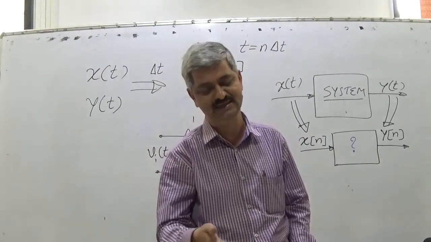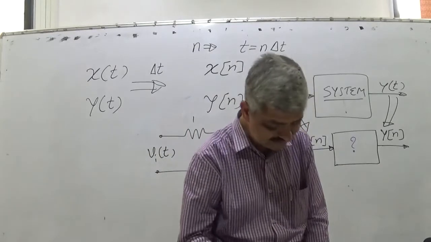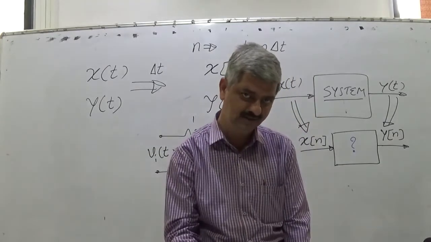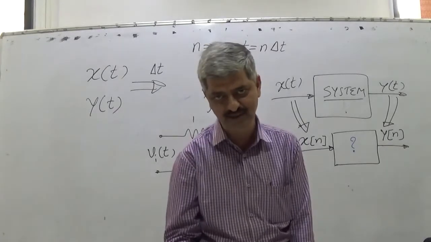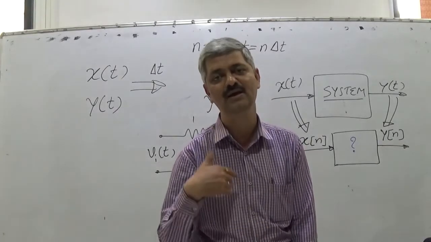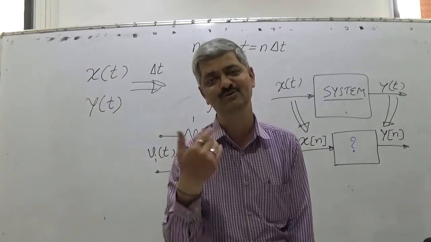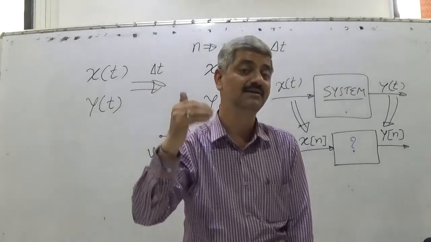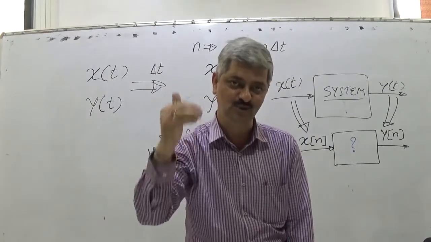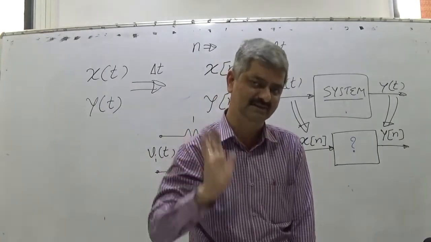You implement Xn in a computer, generate the numbers, and convert them into an analog signal using a digital to analog converter. So converting from continuous to discrete, discrete to digital, and digital to analog or continuous is very simple.